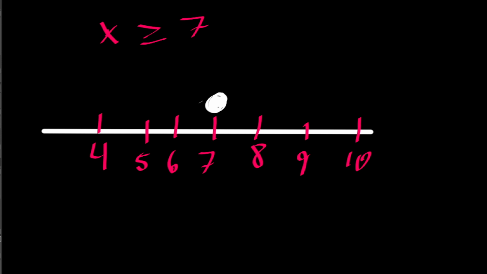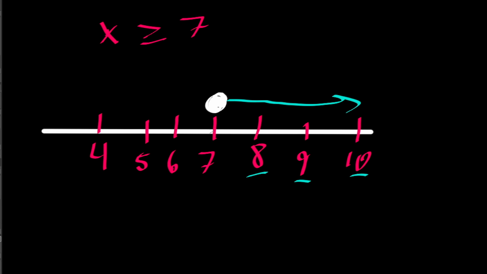Should my arrow go to the right or to the left? For that, we need to look at greater than. It says x is greater than 7, so our solutions are all greater than 7. Would that be to the right or to the left? It'd be to the right, because numbers greater than 7 would be 8, 9, 10. So that's the direction you want your arrow to point.